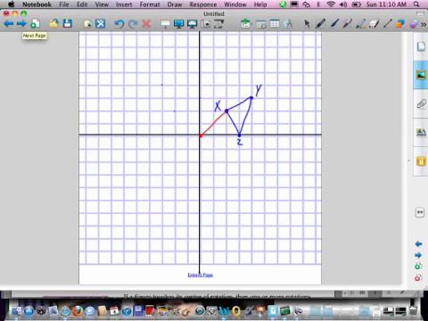Then it says step 2, lightly draw line OX prime so that the measure of angle X prime OX is 90 degrees and that they are the same length. So in other words, look at this. My length went from here through this corner, through that corner, right up there.